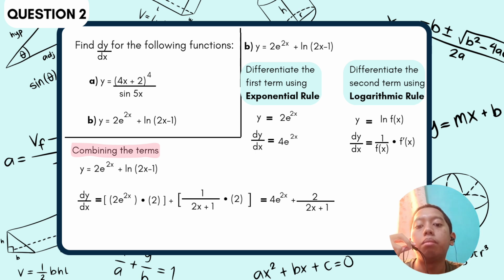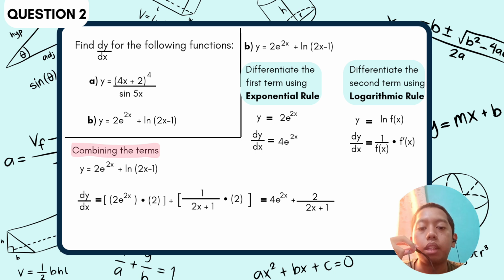For the second term, the derivative of natural log of f of x is 1 over f of x times f prime of x. Here, f of x is 2x minus 1, whose derivative is 2.